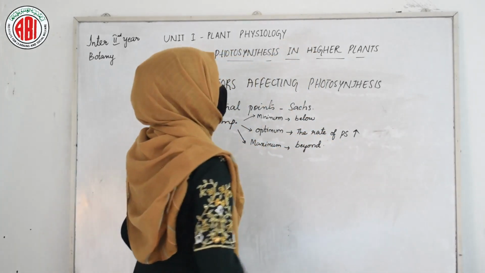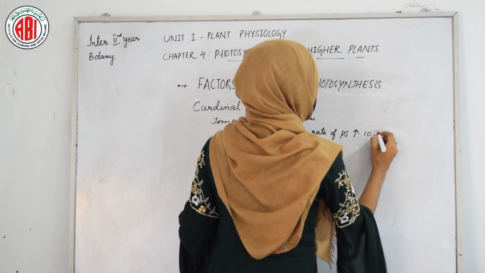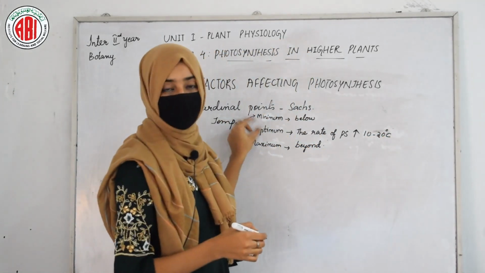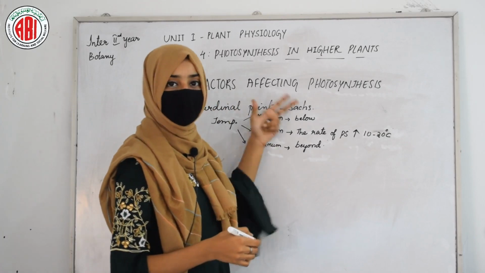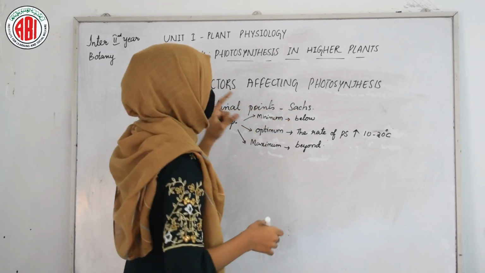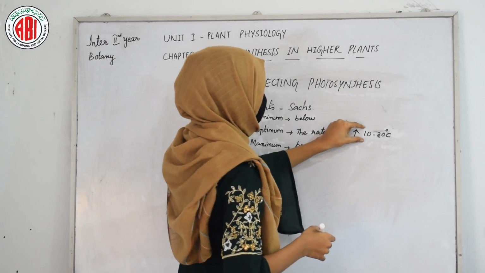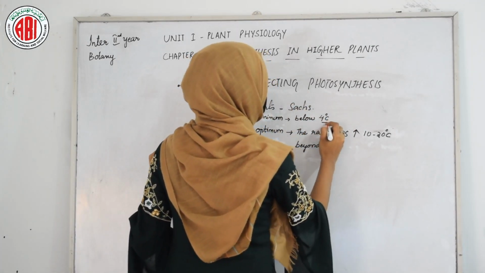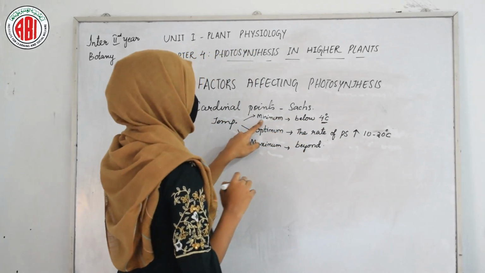For example, in C3 plants, 10 to 20 degrees Celsius is an optimum temperature that increases the rate of photosynthesis. If the temperature is below 4 degrees Celsius, 4 degrees is the minimum temperature.